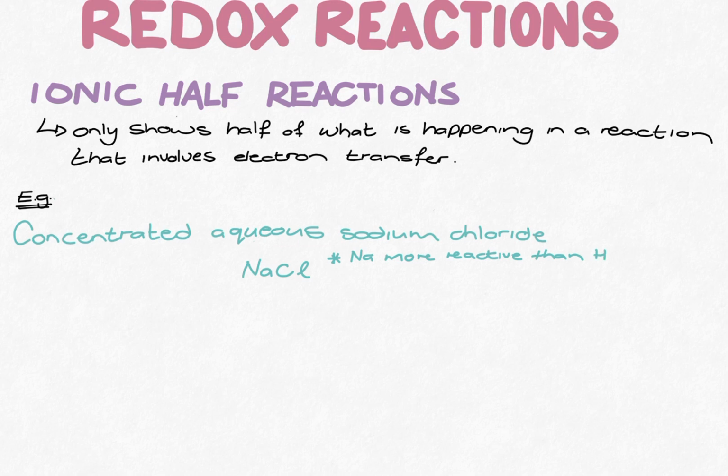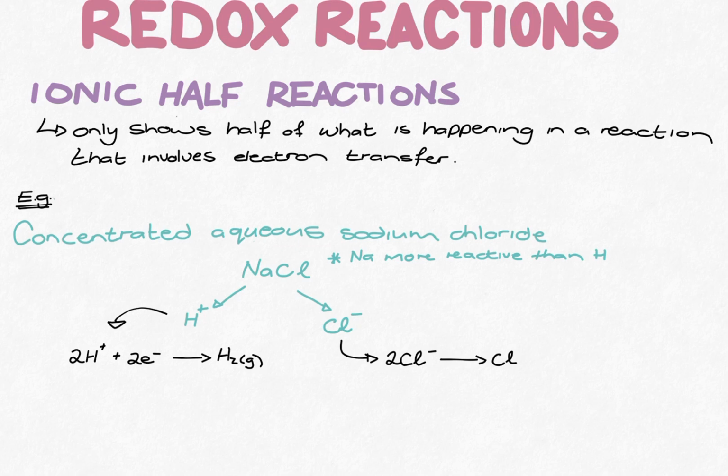Now because sodium is more reactive than hydrogen, hydrogen would rather react at the cathode. So at our cathode we would have 2 hydrogen ions with 2 electrons being gained, giving us hydrogen gas. And at the anode we would have our 2 chloride ions that would then lose 2 electrons to give us chlorine gas.